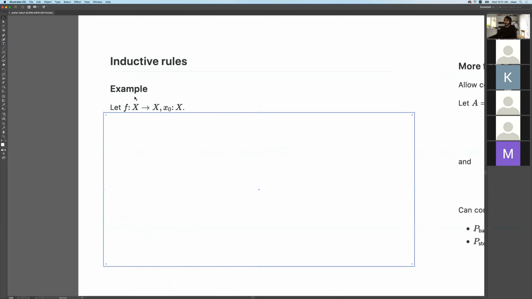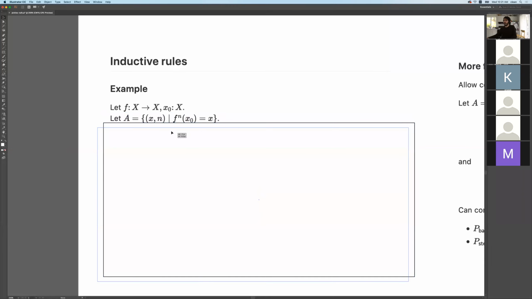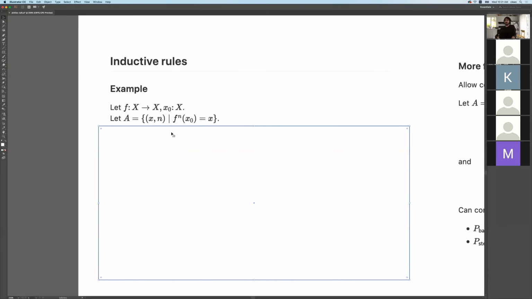Let's say you have a function f from some set X to itself, and let's say you have some point x0 in X. What we want to do in this example is convince someone: I'm going to give you x, and I'm going to give you some integer n, and I want to convince you that if you hit x0 with f n times, you will get x.